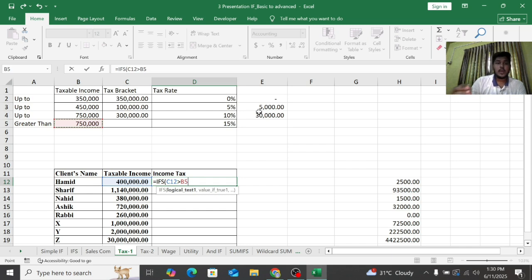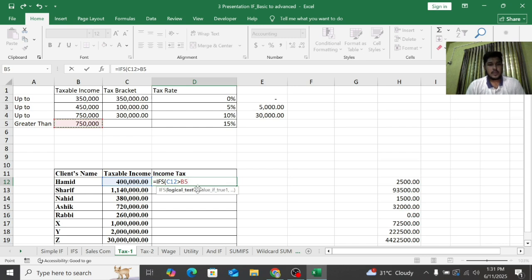On the rest amount it is 15%. Suppose it's 8 lakh. On 7,50,000, we are paying 35,000. But on the next 50,000, which is the rest after subtracting 7,50,000 from 8 lakh, we have to count 15% on that 50,000.